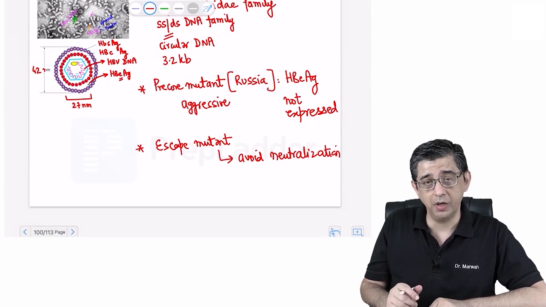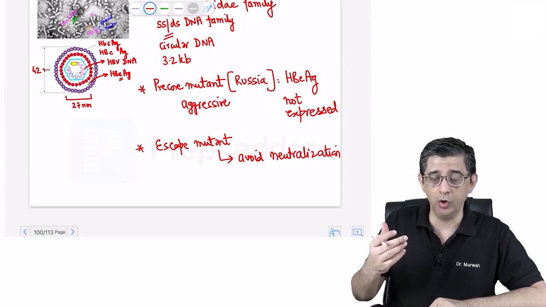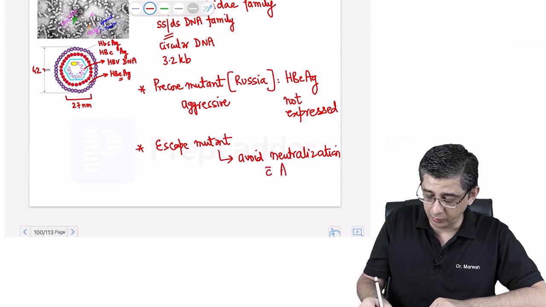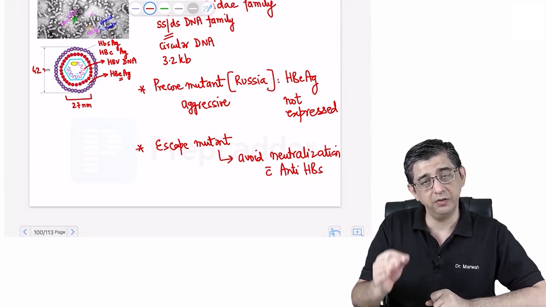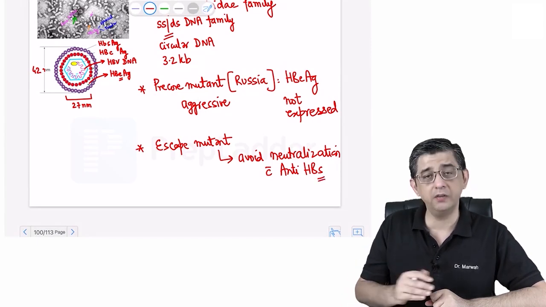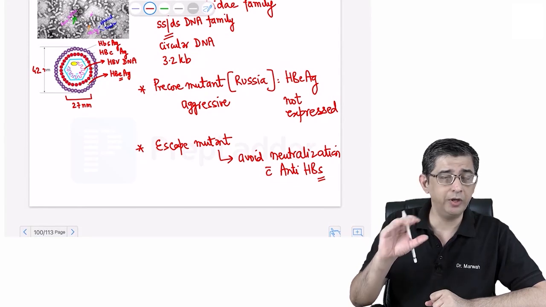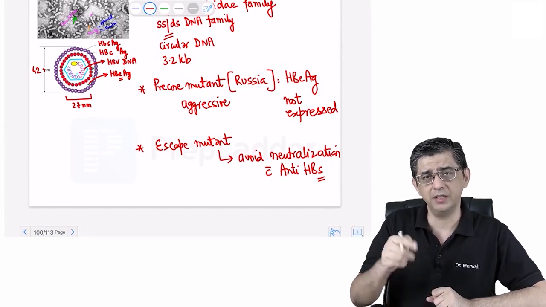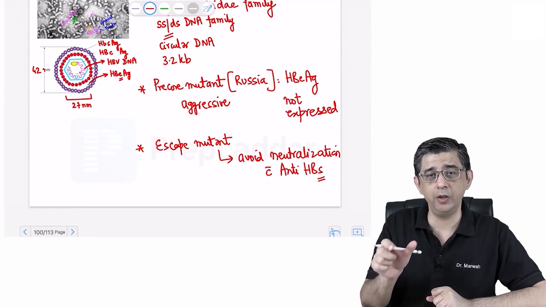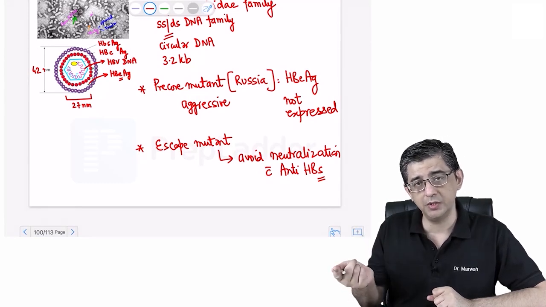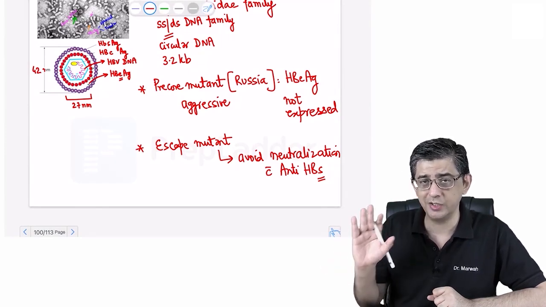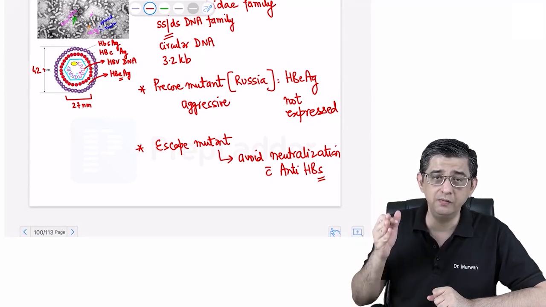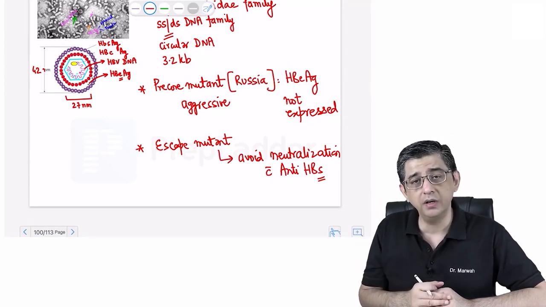This guy is so smart that it has evolved over time to avoid neutralization with antibody against hepatitis B. As a result, even if you vaccinate the population, the vaccination will definitely contribute to development of protective antibody. The titers of antibody are also more than 10 international units. That's again a figure that they've asked. What is the protective antibody titer? I will write it down in the subsequent part of the slide, but at the moment I'm just saying verbally, more than 10 international units per ml. So a person has been vaccinated, but is still getting infected.